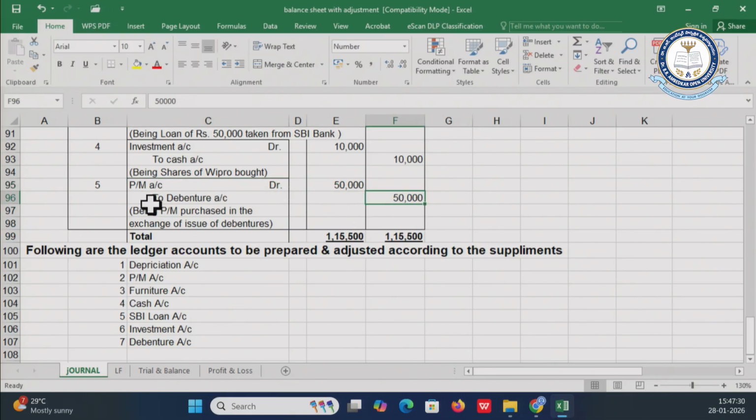You're not paying cash. To him, you're issuing the debentures. So plant and machinery account debit 50,000, and instead of writing cash, had you paid cash, you'd have written cash here, but you're issuing him debentures to the worth of 50,000. So this is the end of the journal entry.